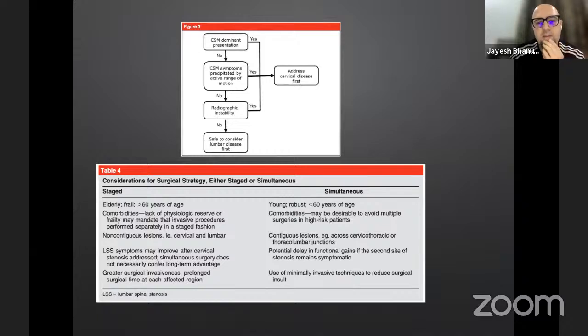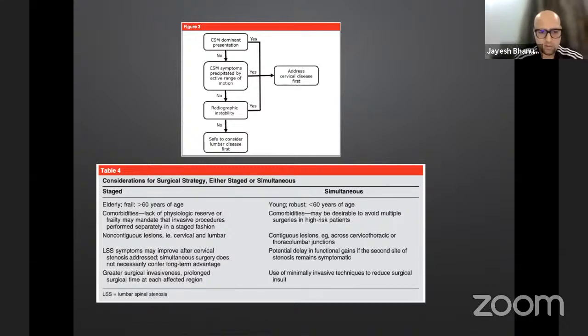If yes, we address cervical disease first. If no, we check for radiological instability with a flexion extension X-ray or a CT. Again, if yes, we do the cervical first. If no, then we are safe to consider lumbar surgery first.